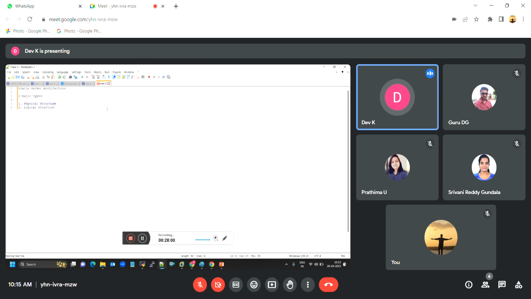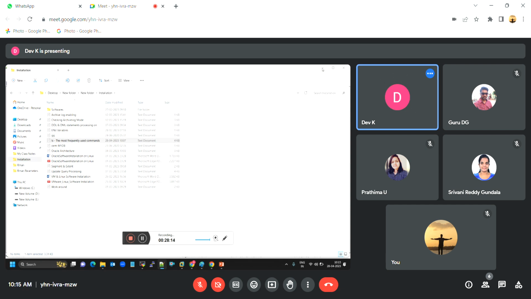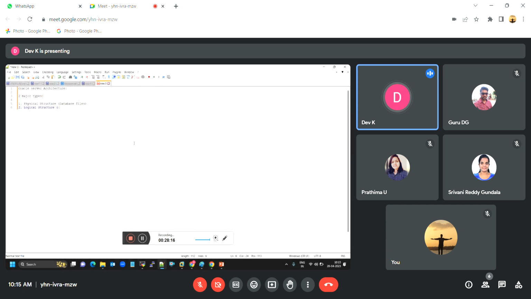Here, the physical structure we are saying as database files. The logical structure we call it as, sorry guys, we call it as instance. Instance is nothing but like a RAM.